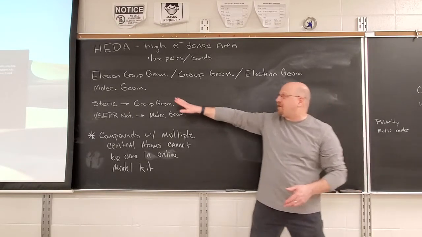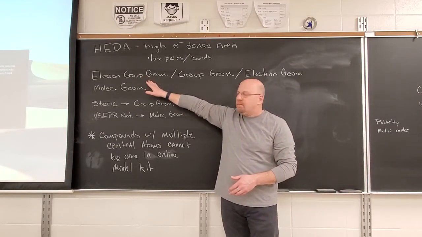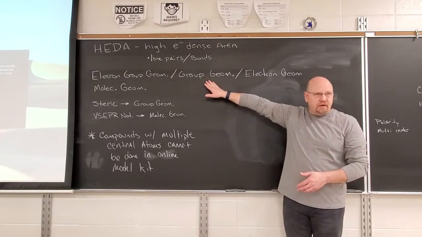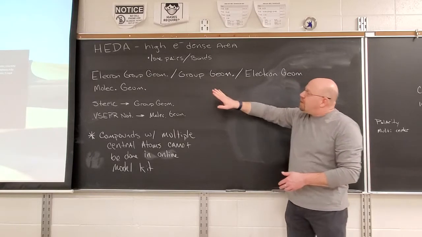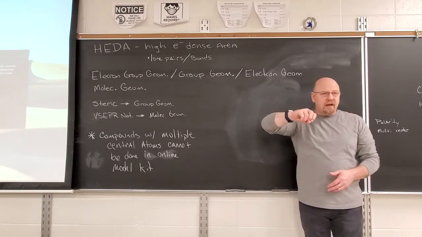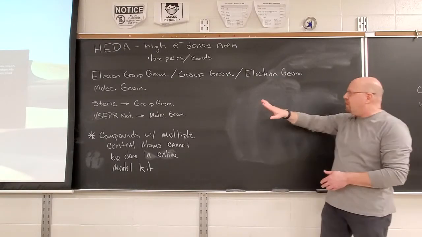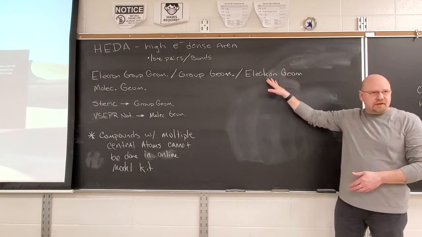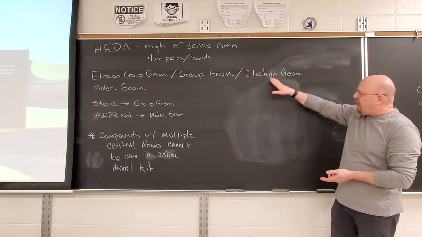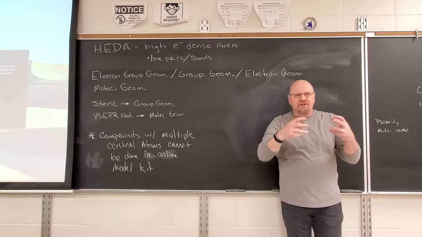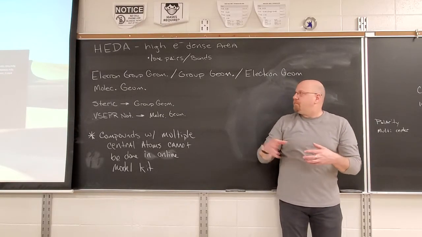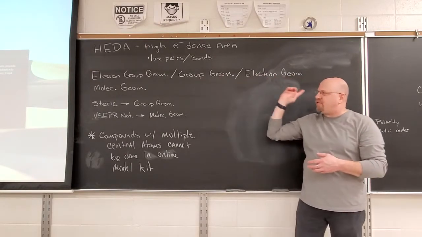I learned it as electron group geometry, or just group geometry. The online modeling tool we're going to use today, and I'll show you that in a couple minutes, calls it electron geometry, which kind of makes sense. I like it because it's telling us the geometry that the electrons take around a molecule. But these three terms are interchangeable.